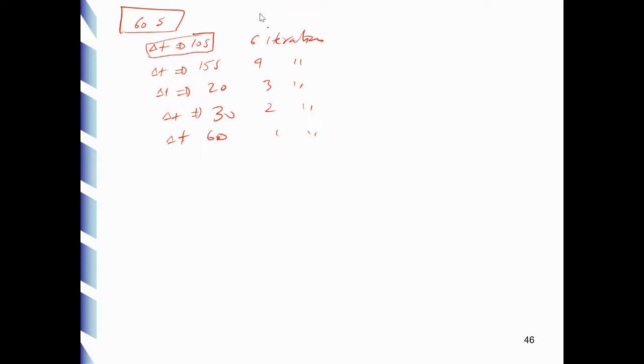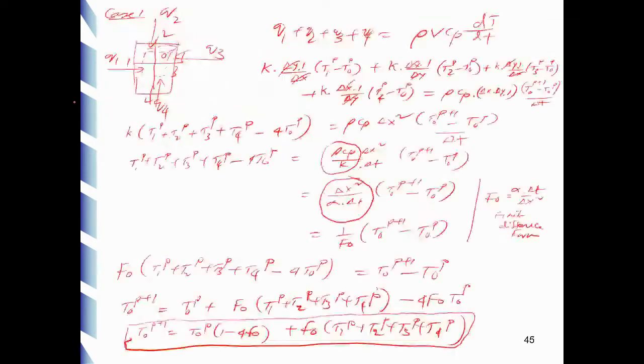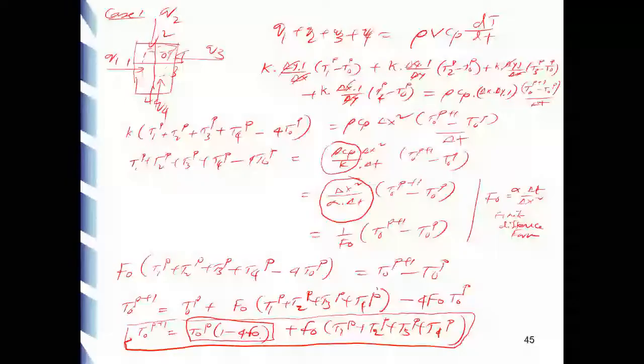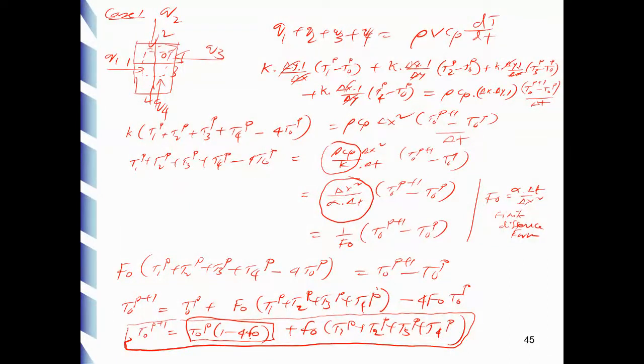This is important. Your solution is more stable if you have more iterations. So minimum iteration or minimum delta t, you can select based on your equation here. This term you can make 0.